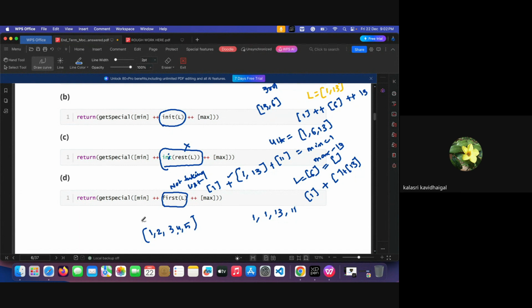But I want the first element in the format of a list, only one list. If it is so, what do I have to write? There is no way, only this way. So we take the empty list and we can add the element, right? Yes.